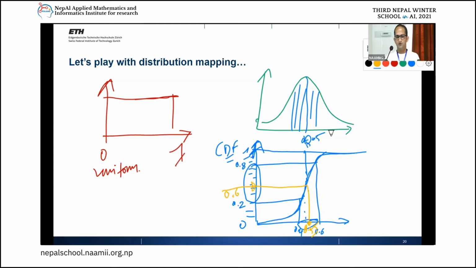So even if you generate something around 0.8, you're still going to map it around 0.7. So it just pushes the numbers themselves that have been generated towards the regions where it's more likely to occur. That's based on this normal distribution and the uniform distribution being different, right?